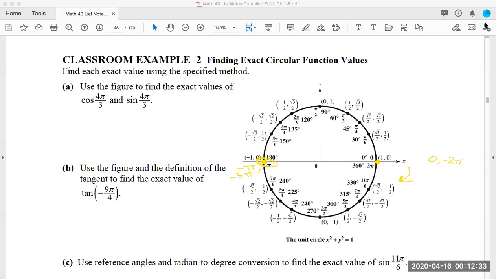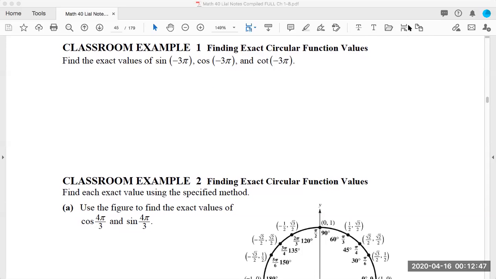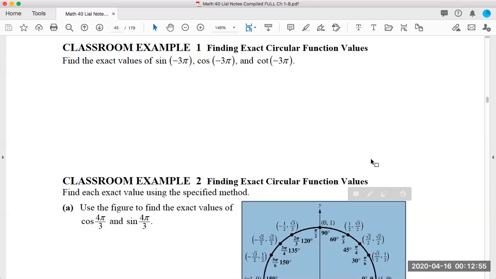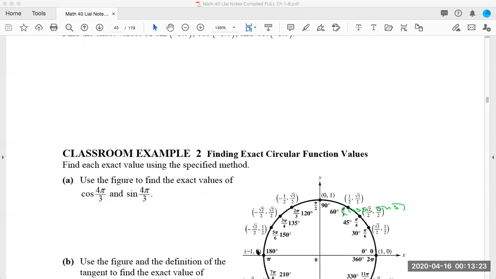All right, let me go ahead, save that picture, and then clear screen again. Okay. So one more thing that we want to mention here. Remember that each of the coordinates on the unit circle, if we're talking about circular functions, we have cosine S first, and then we have sine S second.